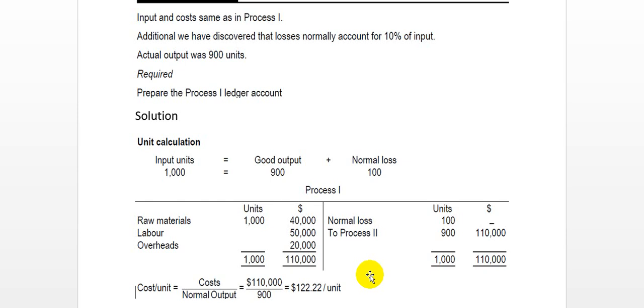Now, since the normal loss has got no value, then the good output will still be valued at the total cost of what came in, which is 110,000. But now, since the normal output has reduced from 1,000 to 900, the cost per unit also goes up to $122.22 per unit. Clear up to the point?